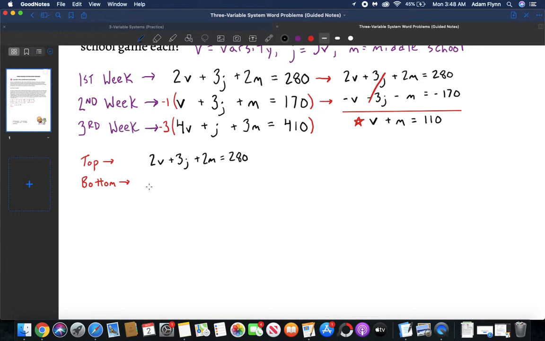And my bottom equation is going to turn to a -12v minus 3j minus 9m equals -1,230.